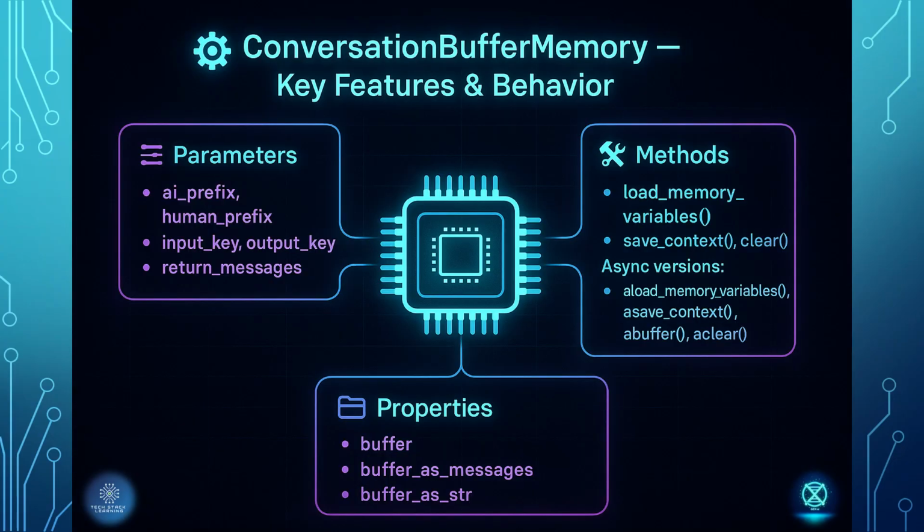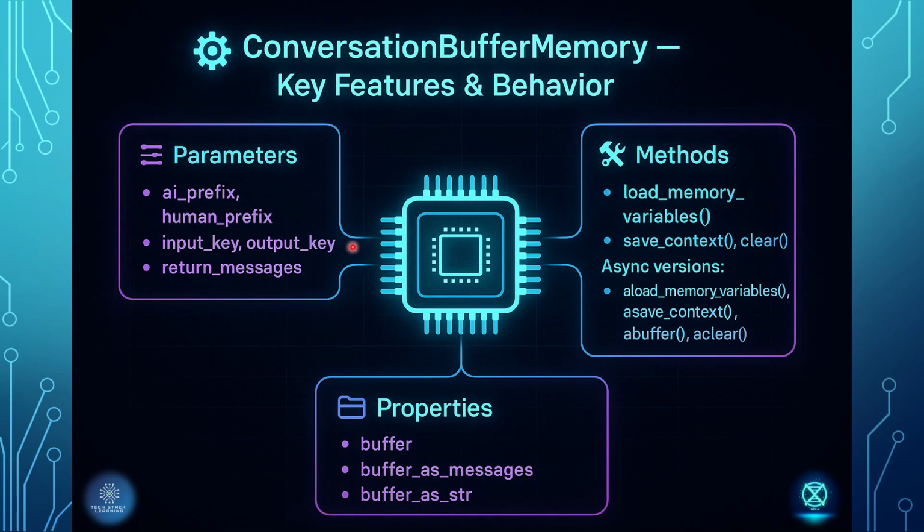Now let's see the core capabilities or features the conversation buffer memory offers. On the parameter side, we have the AI prefix, which is the label for the AI response in memory, and the human prefix. The human prefix defaults to human, and the AI prefix defaults to AI. You can change that.